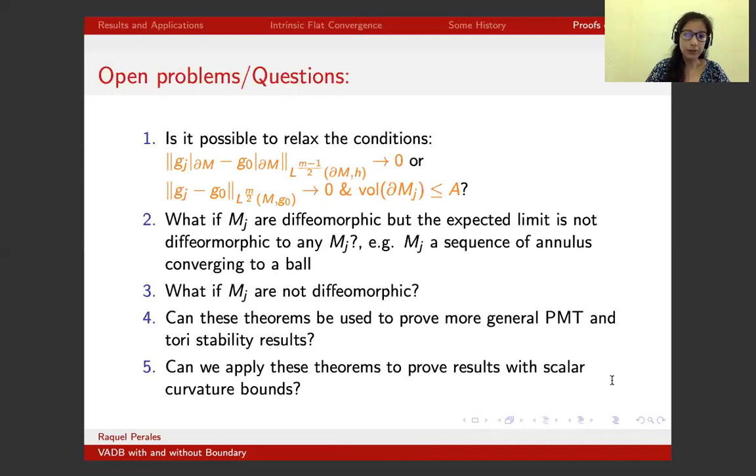And number 4 is, can these theorems, so theorems 1 to 4, be used to prove a more general positive mass theorem and torus stability results? And number 5, more generally, can we use theorems 1 to 4 to prove results that involve scalar curvature bounds?